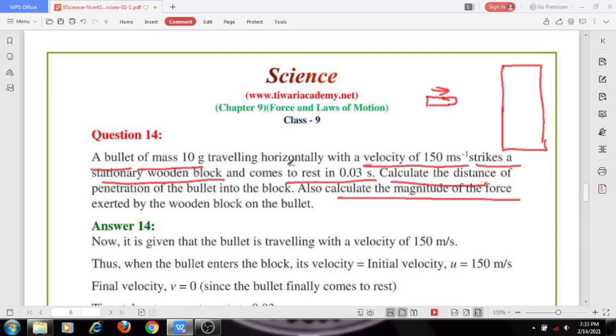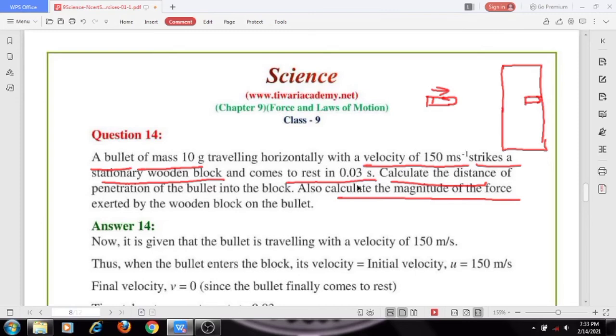It strikes a stationary wooden block and comes to rest in 0.03 second. That means it enters into the wooden block, right? Whenever you shoot a bullet towards the wooden block, it enters into the wooden block. So it enters here and it comes to rest somewhere. I will take up to here, and then to come to rest, how much time is it taking?